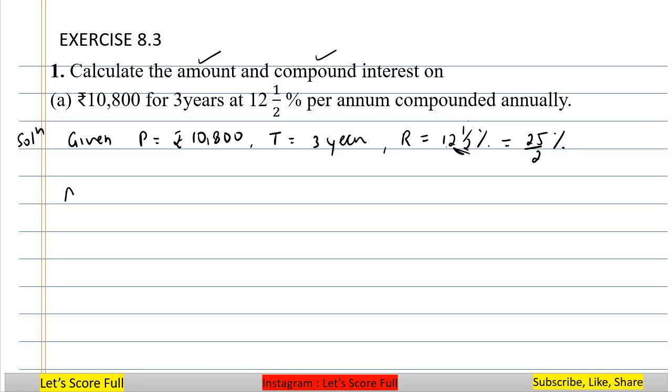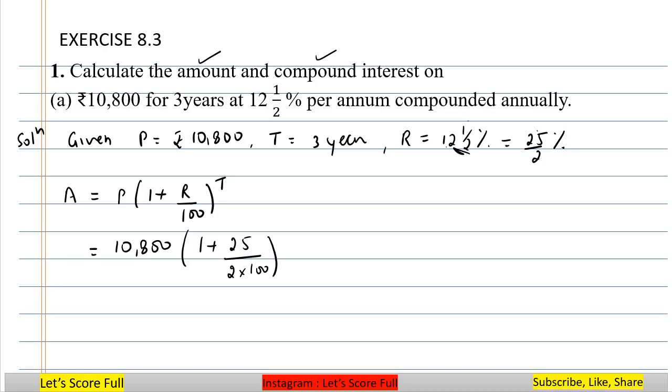So the formula for the amount of compound interest is P into 1 plus R by 100 raised to the time period. Here the principal is 10,800. The rate of interest is 25/2, for which I can write 25 in the numerator and 2 will go with 100, and the time period is 3 years.